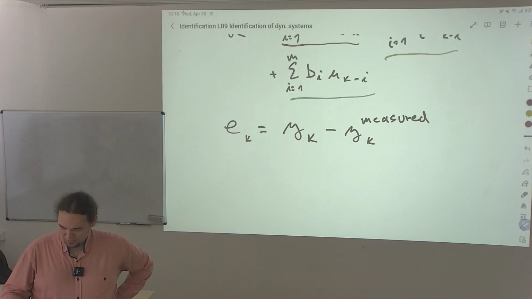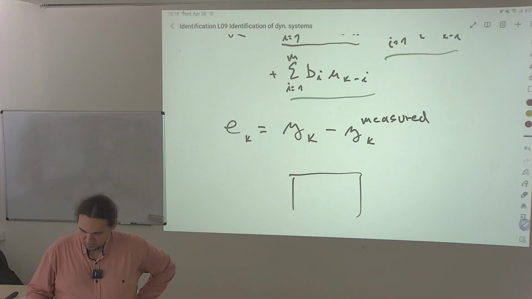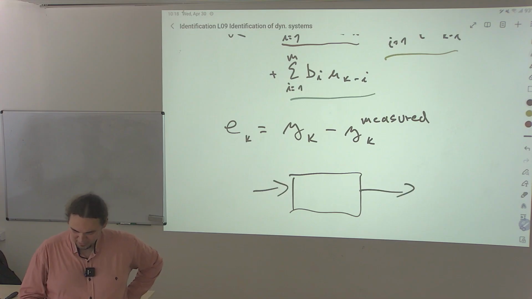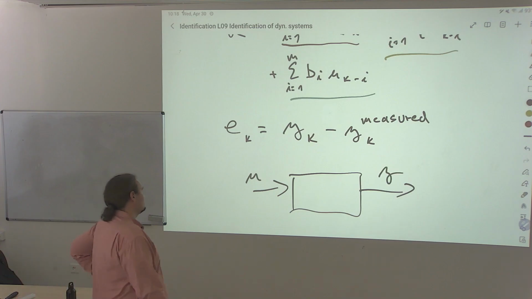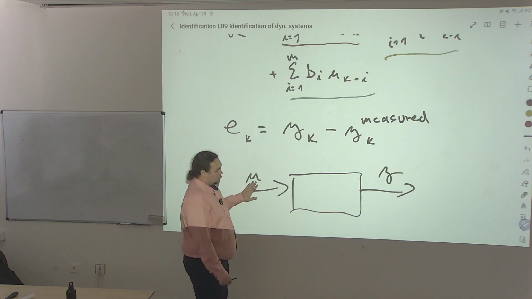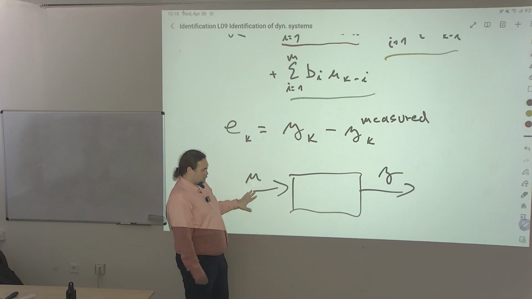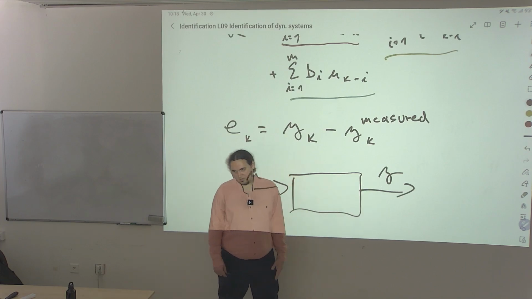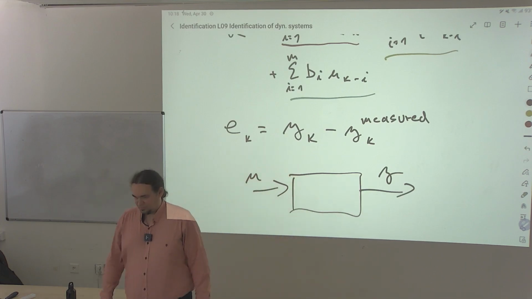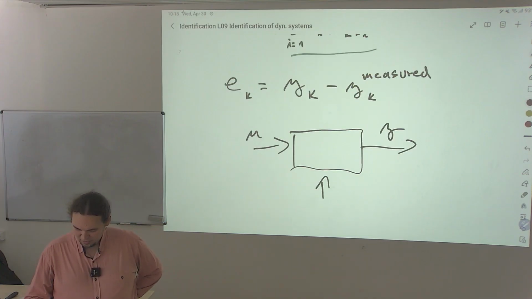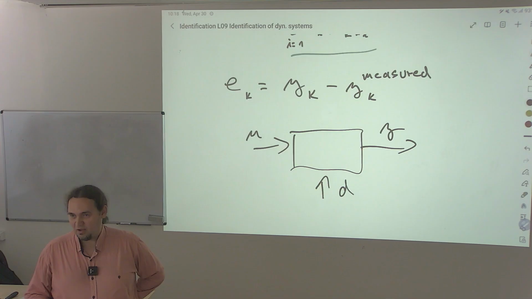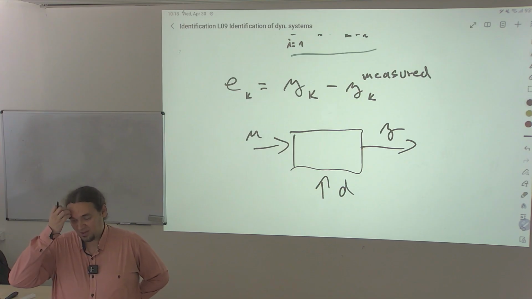So basically, what you described is, well, usually when we do identification on the historical data, we just collect the pairs of instances of the inputs and outputs, but we never thought about having some disturbances in the picture.